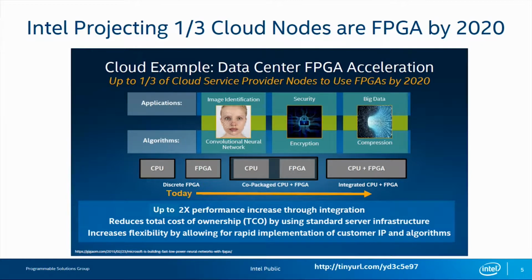Intel, before they bought Altera, made a public announcement projecting that at least one-third of the cloud nodes by 2020 would have FPGAs on them as a custom acceleration medium for tackling things that are not necessarily changing every second or every minute.